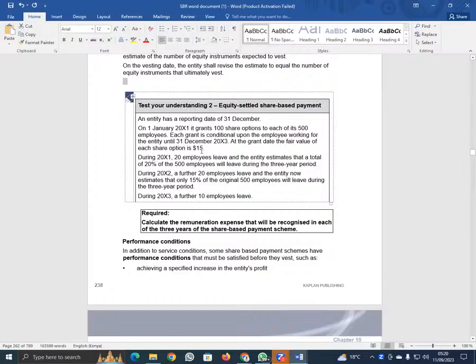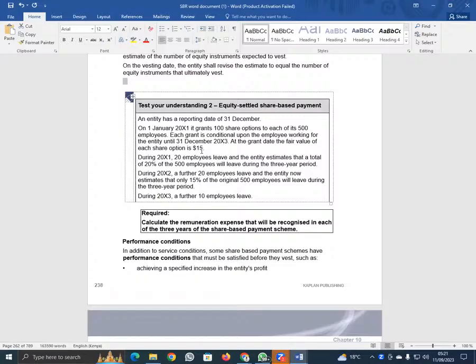Over the 3 years, I'll be using 15, 15, 15 for valuation. If it's equity settled, the price that was existing at the time we made the promise about giving these shares was 15, and I shall stay with that price of 15 till the end, because this is equity settled, it's not cash settled.